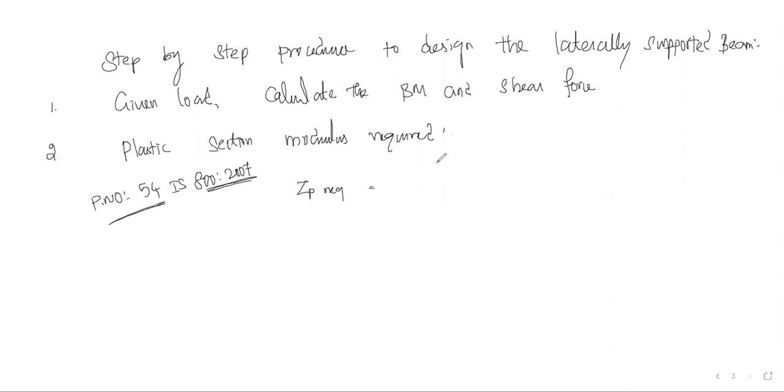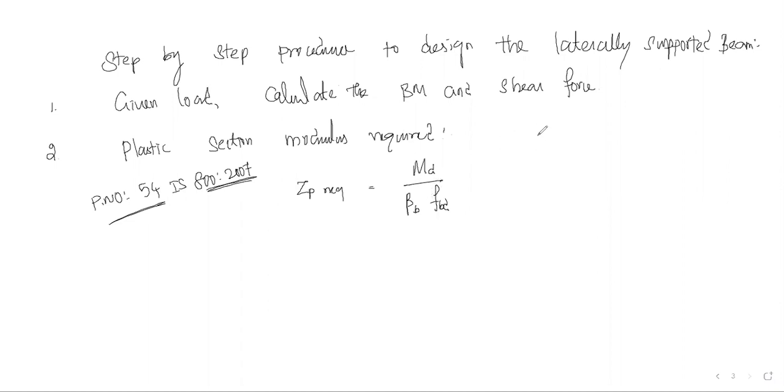The formula is ZP required is equal to MD divided by beta B into FBD, where MD is the design moment.